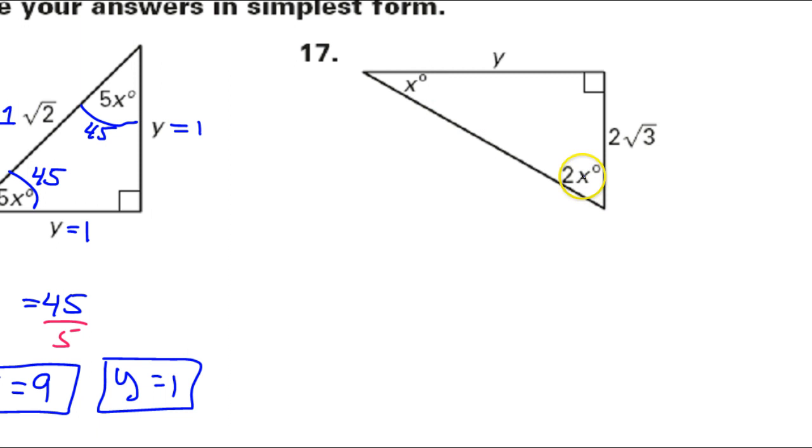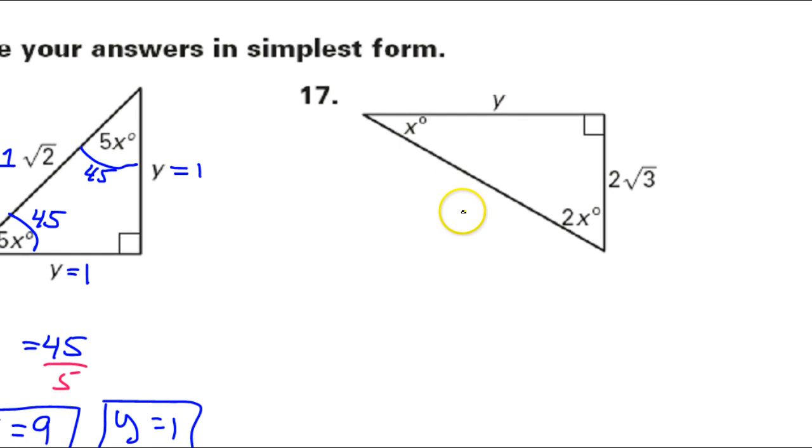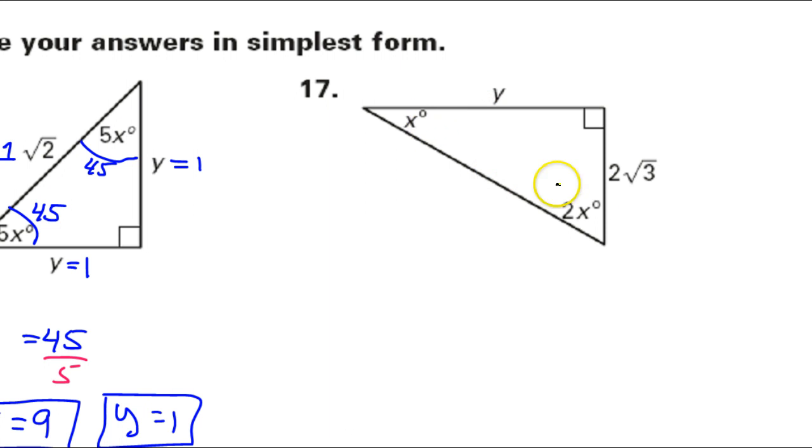Well, let's go ahead and deal with the x. In the context of 45-45-90 triangles and 30-60-90 triangles, it would be a good hypothesis to think, well, could this be 30 and could this be 60? When you think about it, that's the only angle it could be, because we have x and we have 2x.